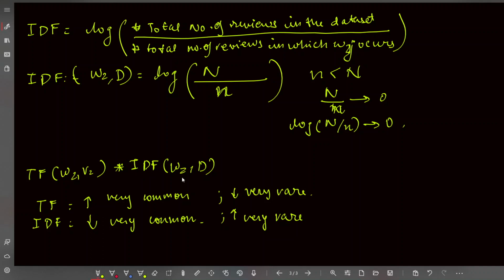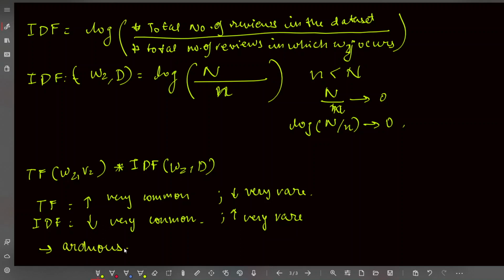Inverse document frequency penalizes the feature for words that are very common, because it's usually assumed that a lot of information is hidden in words that are not very common. Let's say I have a not so common word like arduous.